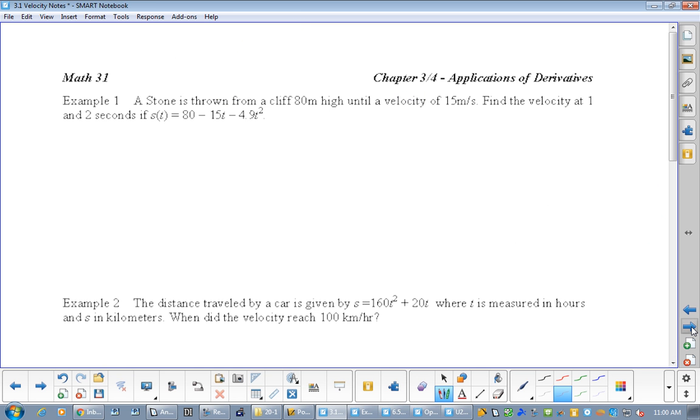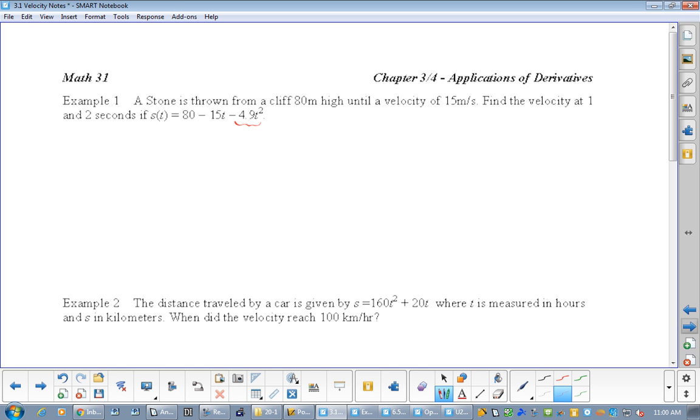Okay. So a stone is thrown from an 80 meter cliff with a velocity of 15 meters per second. Find the velocity at 1 and 2 seconds if s of t equals 80 minus 15t minus 4.9 t squared. Anyone recognize this?